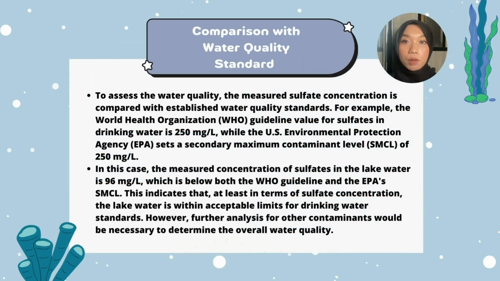We continue the example with comparison with water quality standards. To assess the water quality, the measured sulfate concentration is compared with established water quality standards. For example, the World Health Organization (WHO) guideline value for sulfates in drinking water is 250 mg per liter, while the US Environmental Protection Agency (EPA) also sets a secondary maximum contaminant level (SMCL) of 250 mg per liter.